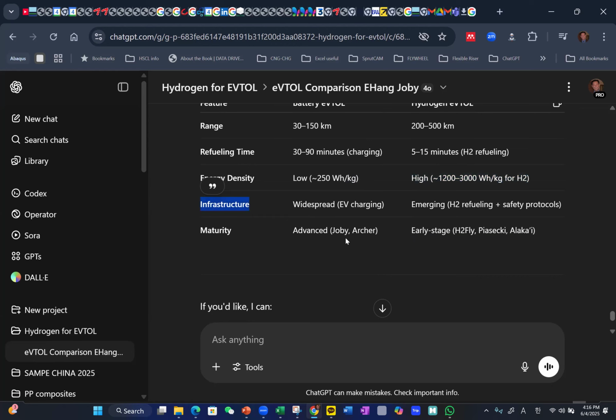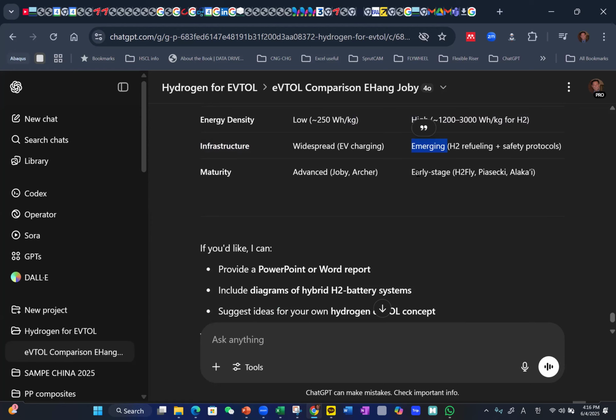Okay, infrastructure. This is an important point, and this is emerging, at a very early stage. But you can see a lot of companies have already started to develop hydrogen power systems for eVTOLs, compared to Joby, etc.